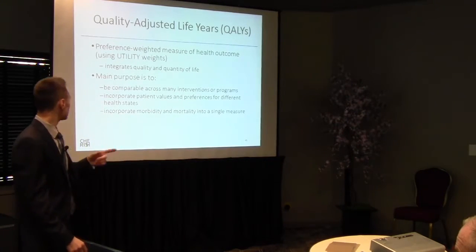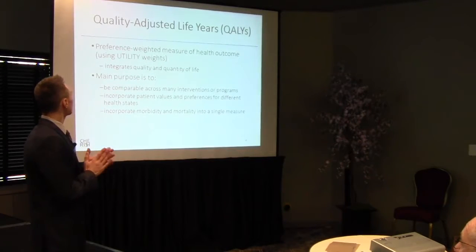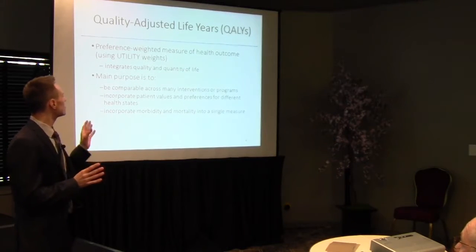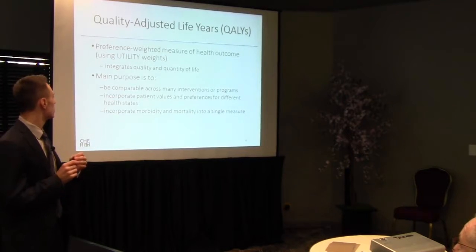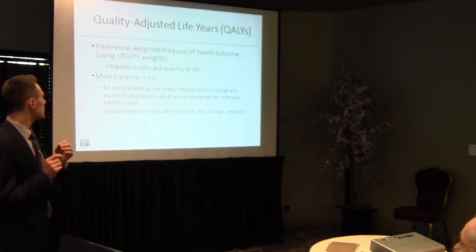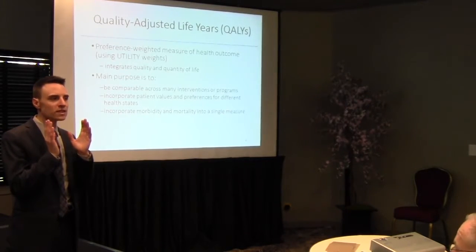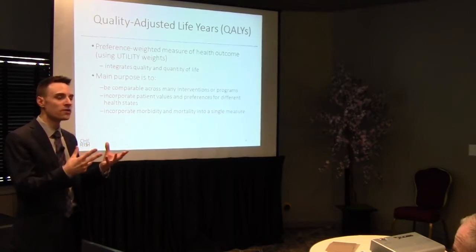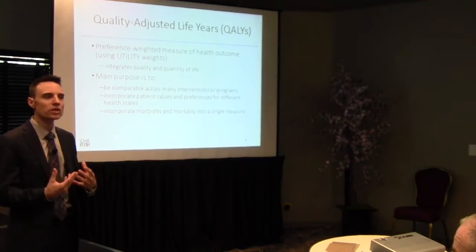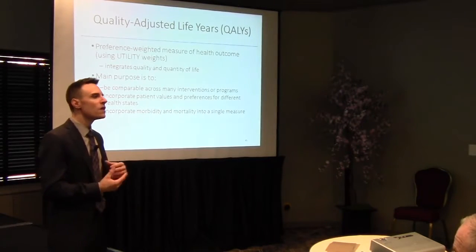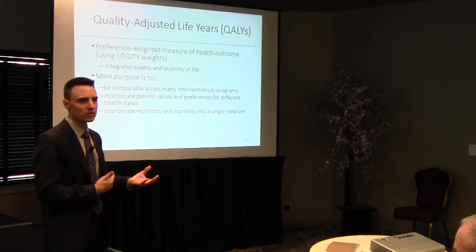Okay, next. Quality-adjusted life years, like I said, is a preference-weighted measure of health outcome. Basically, we're not only considering the quality of life or the utility associated with the health state that an individual is in, but also how long they were in that health state.